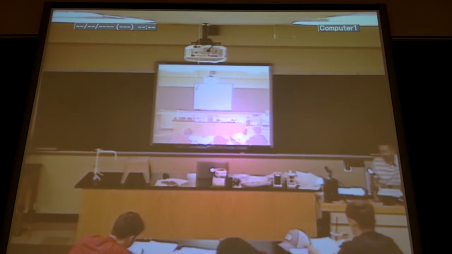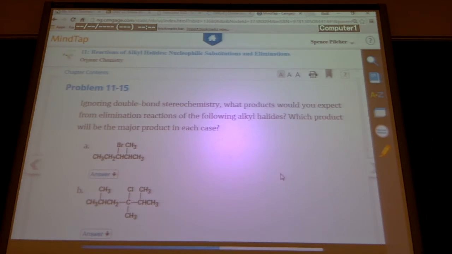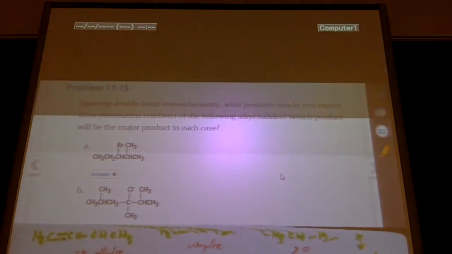So if I look at 11-15, ignoring double bond stereochemistry, what products would you expect from an elimination reaction of the following glycol halides? Which product will be major in each case?